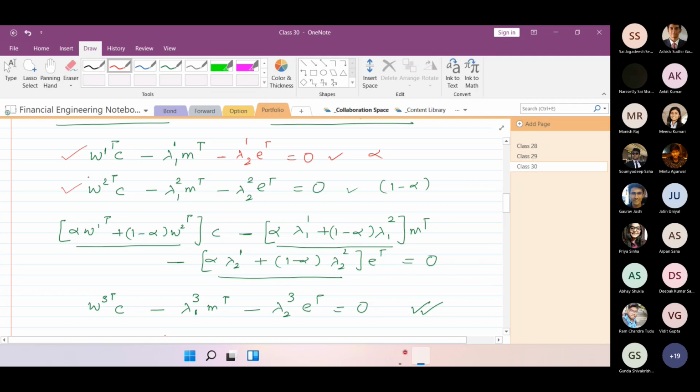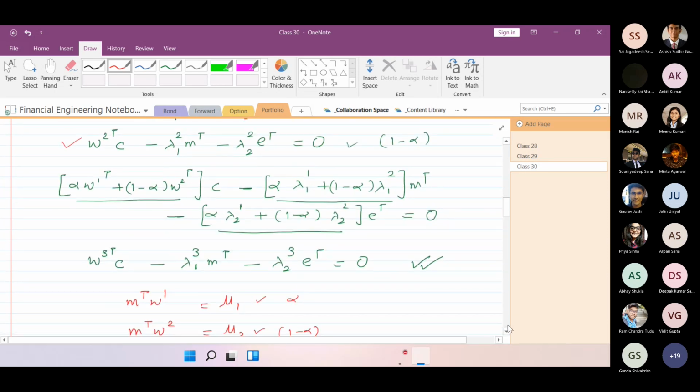This is the first equation for solution 2. What we have done is multiply with alpha and 1 minus alpha, and we were able to prove that this weight combination satisfies my equation 1. So the first equation for weight 3 is being satisfied.